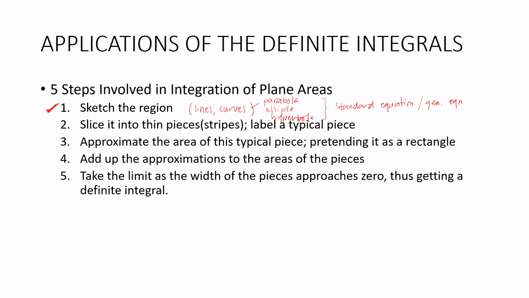Okay, so after sketching the graph, you may skip it to number 3, pretending it as a rectangle. So it may be a vertical strip or horizontal strip that you want to use in your equation. Whatever strip you're going to use, it would always still give you the same answer. So I think the main difference between the two strips is the presentation of the equation.